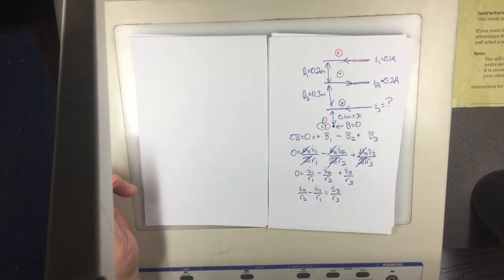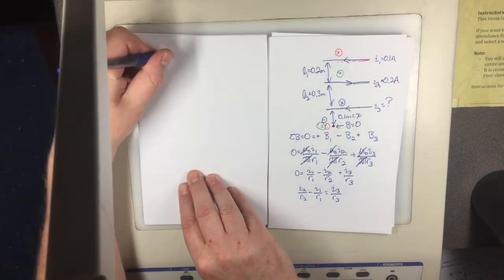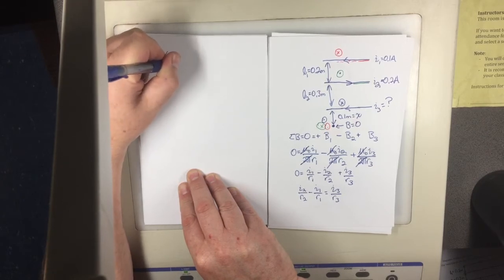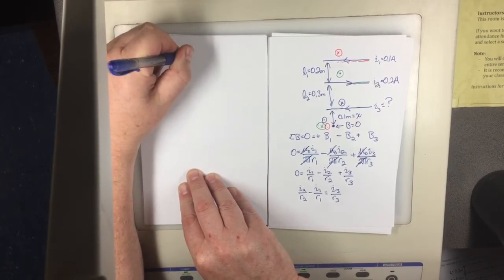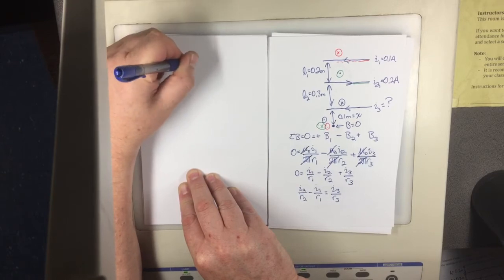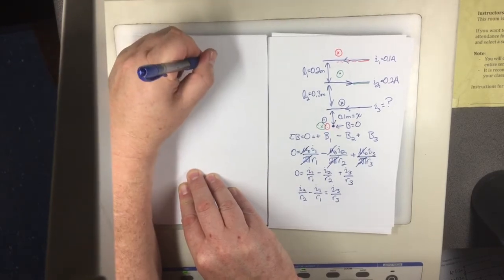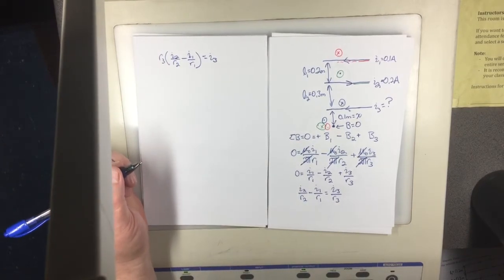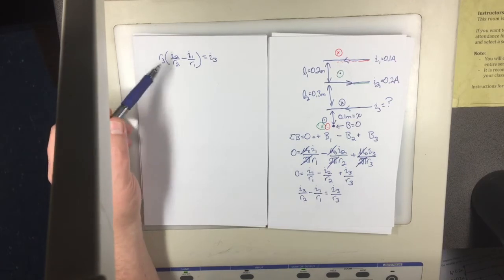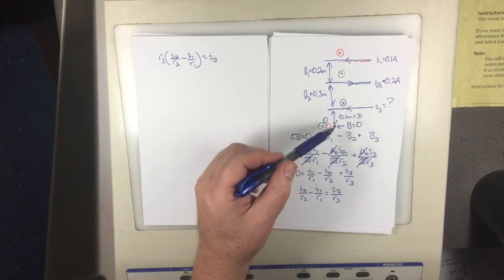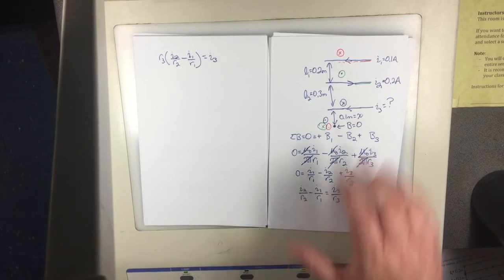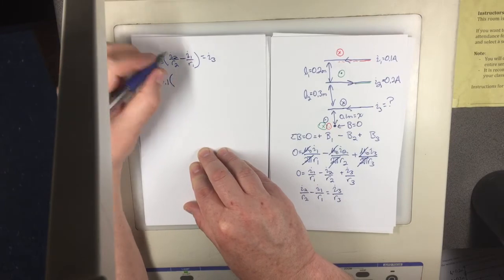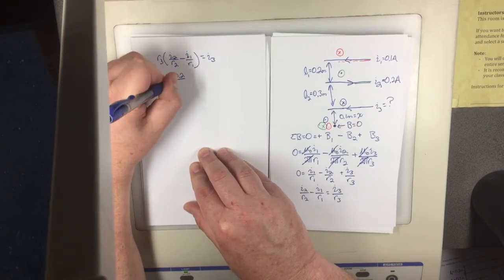And we have that. Multiply both sides by R3, and we get this. R3 is the distance from the wire to the point. That wire to the point is 0.1, or just x. I2 is 0.2.